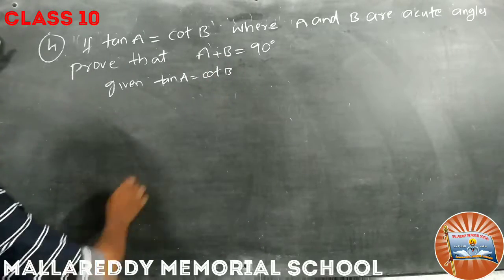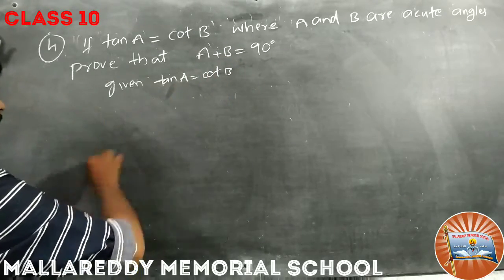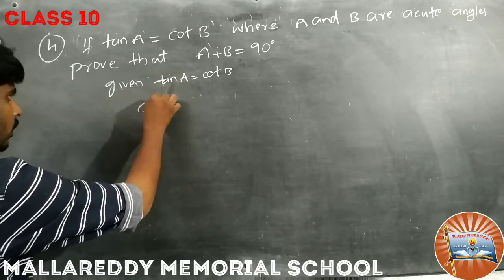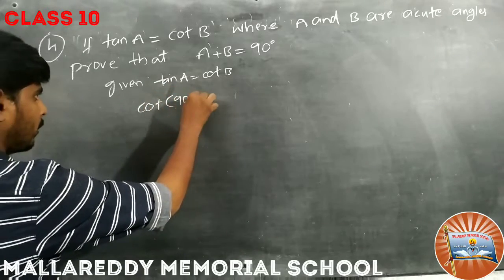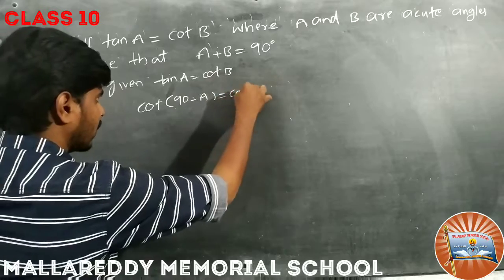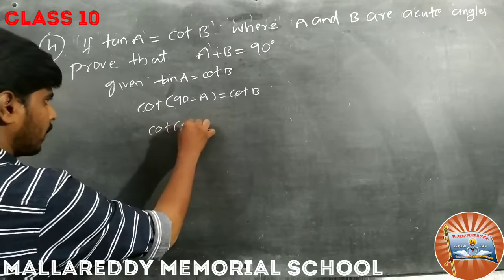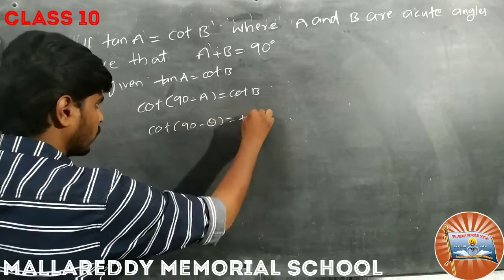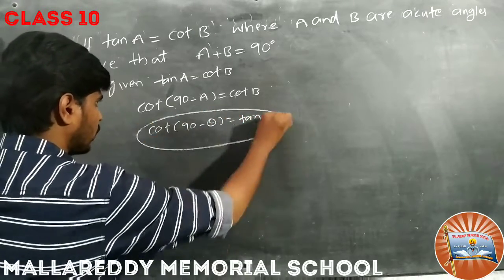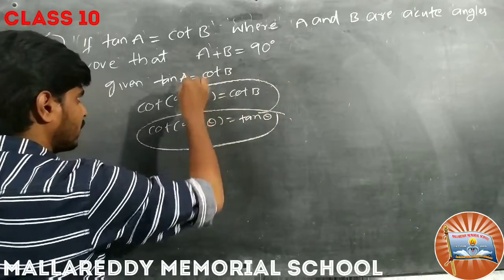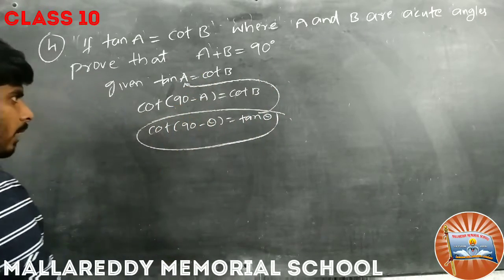So now I'm going to change this. So this we can write as cot(90 minus A), isn't it? Can you write like that? Yes, because cot(90 minus theta) is equal to tan theta. So this is in the form like this. I have written this. Okay, right.